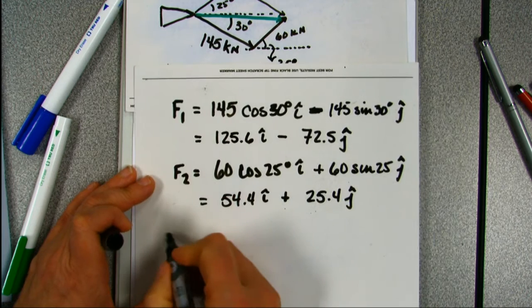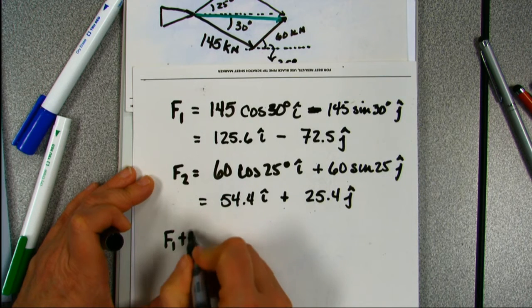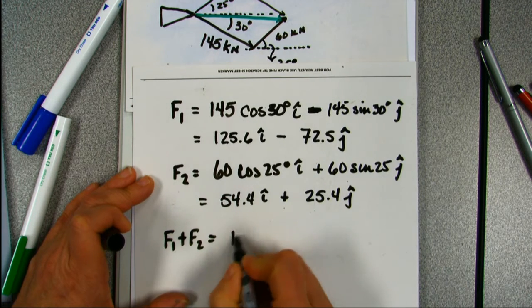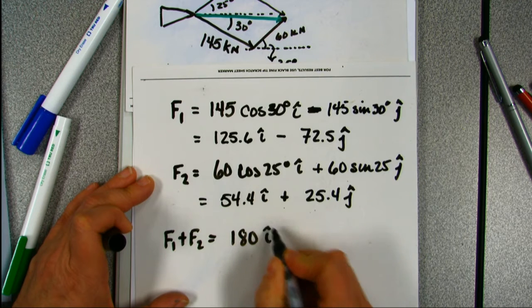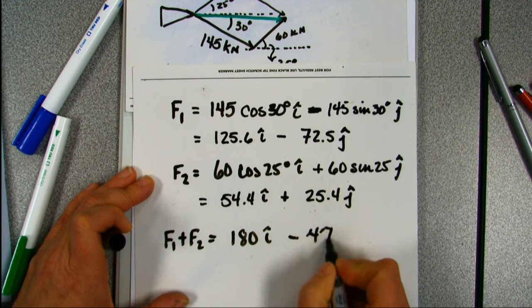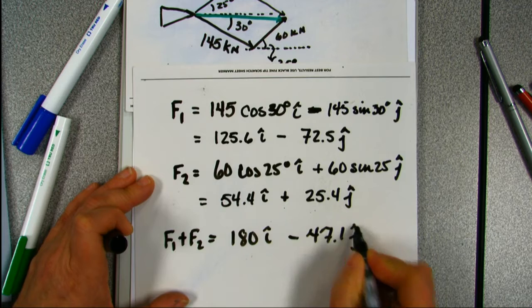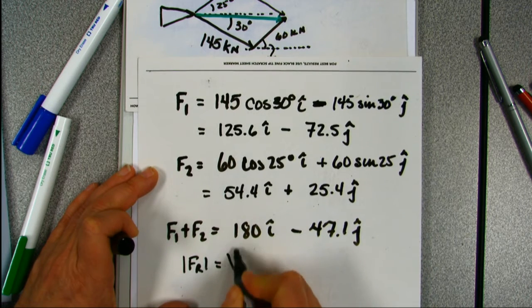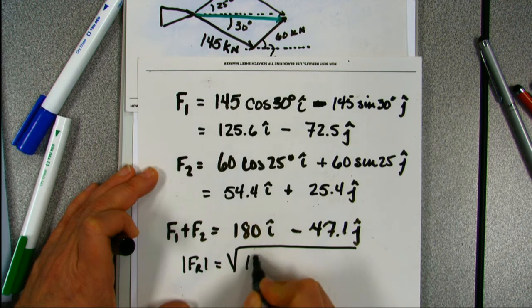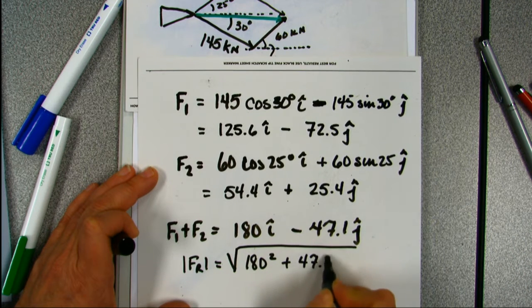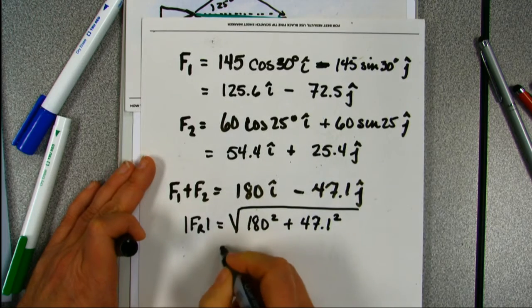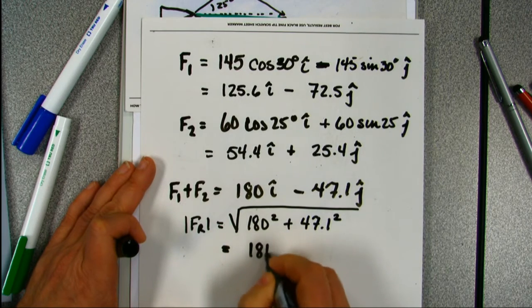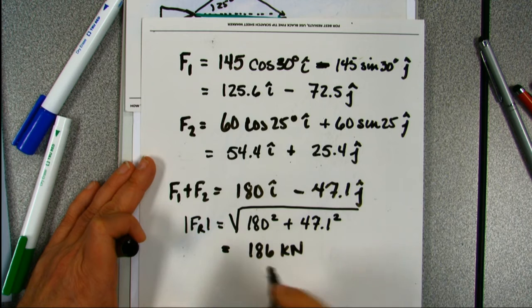Add those two together because this is going to be F1 plus F2. It's going to give me 180 i minus 47.1 j. We know that the resultant, because we've done these how many times? 180 squared plus 47.1 squared. That's going to end up giving me 186 kilonewtons.